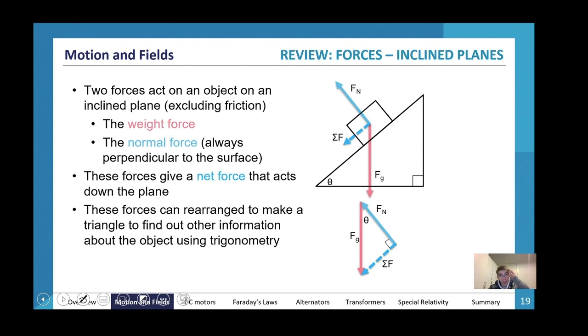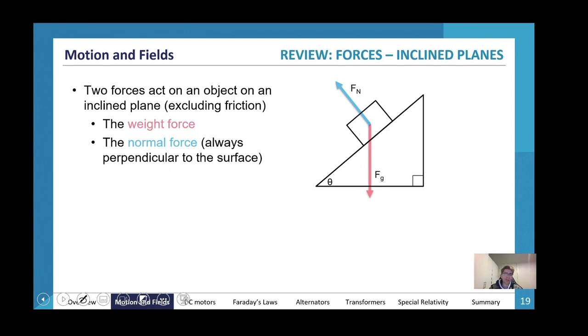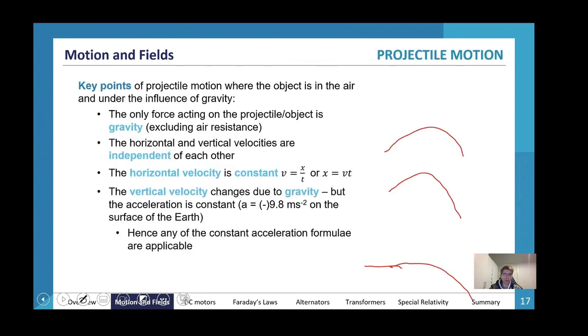When it comes to inclined planes, 2 forces act on an object on an inclined plane, excluding friction. There is the weight force and the normal force. When it comes to friction, one thing which I forgot to mention is that for projectile motion, we will assume air resistance is equal to 0.